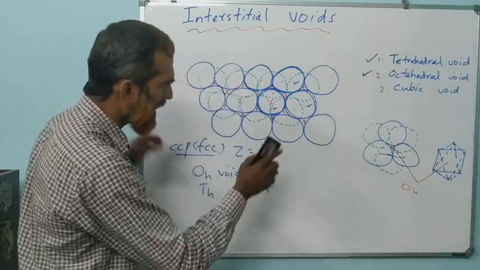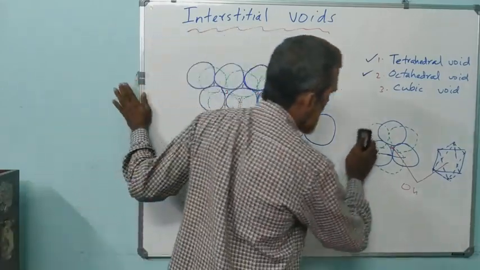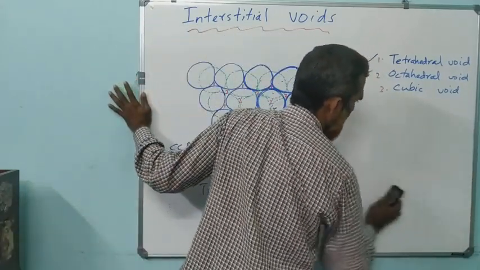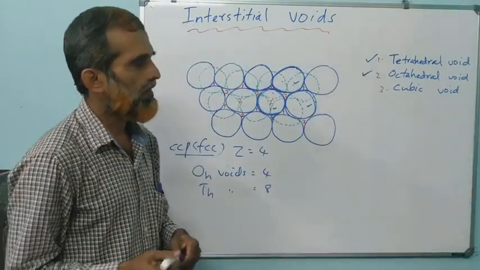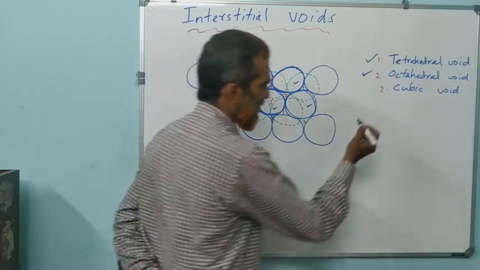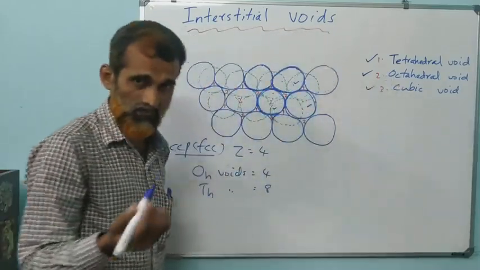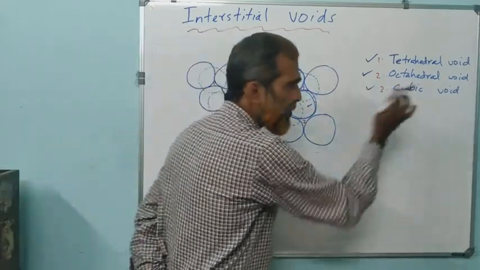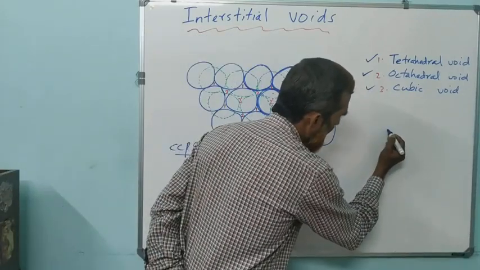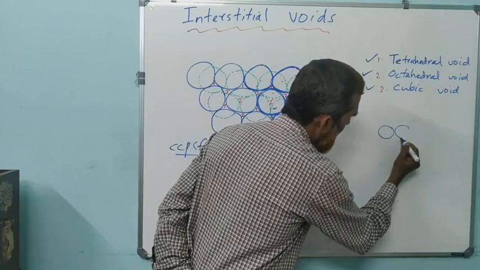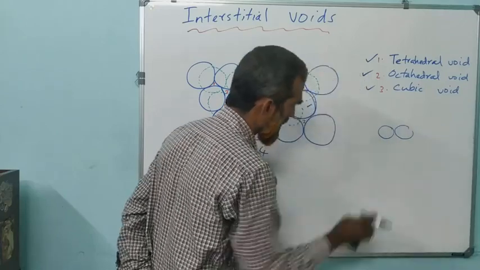Now finally, there is one other type of void which comes seldom, which rarely comes in certain crystals that we may require. What is a cubic void? A cubic void is when you have 8 particles.